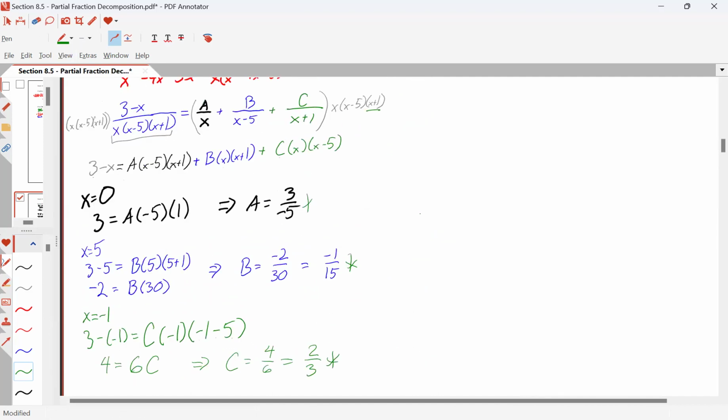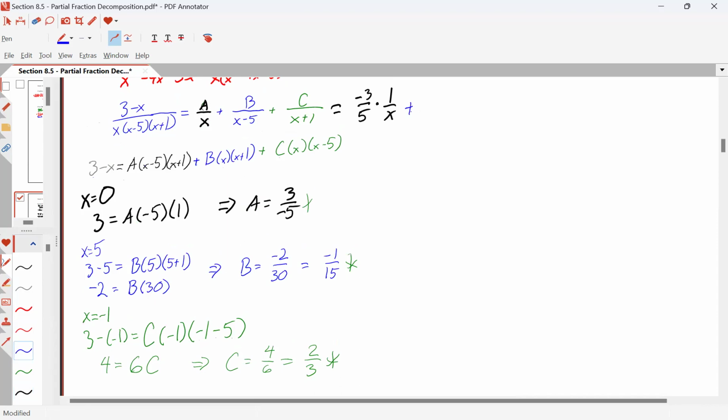We said our partial fraction decomposition is going to break down into this A, B, C fraction. Those are what A, B, and C are. So going all the way back up to this top part, this partial fraction decomposition breaks down to be negative 3 over 5 times 1 over x. A is negative 3/5.